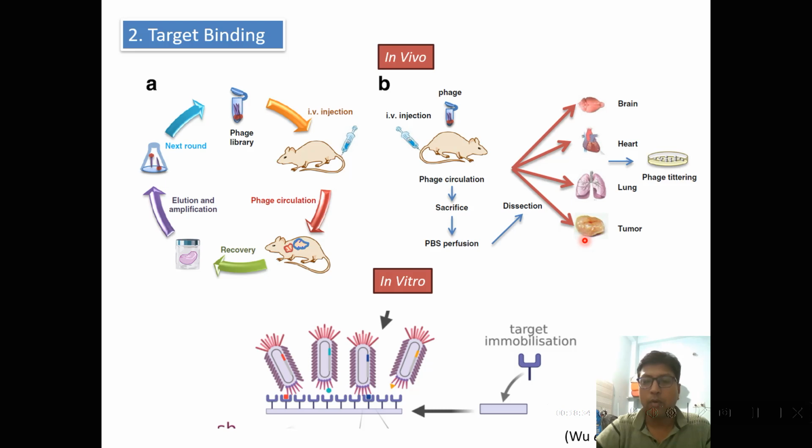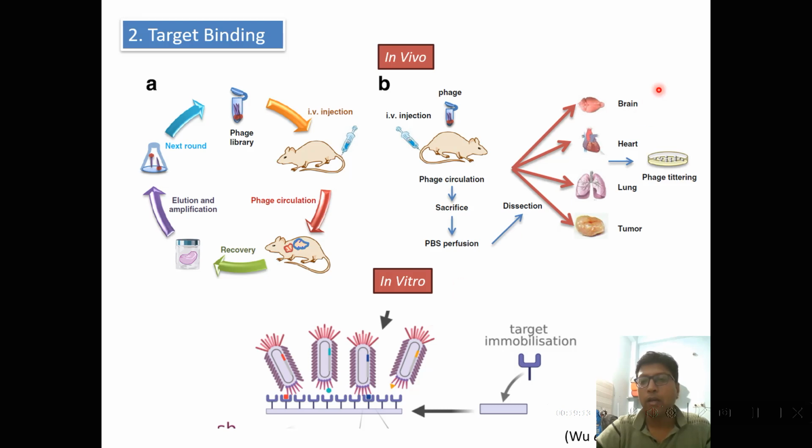If we want to detect any tumor in the animal, as we know that when there is tumor formation, different tumor homing peptides are released from the tumor, and these peptides are found on the tumor surface or in the blood circulation, and that will be detected by the phage display peptide libraries.